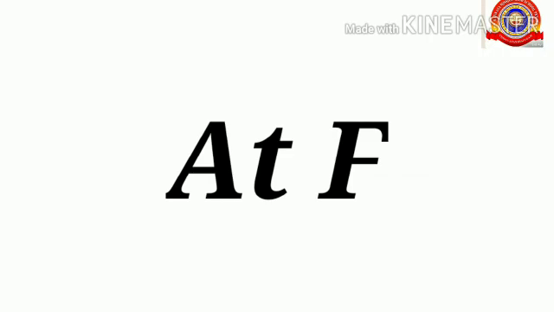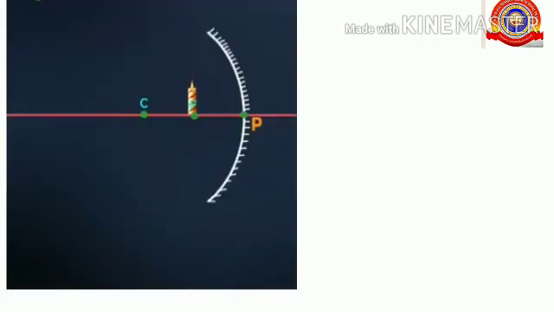Next one, the object is at F. When the object is placed at F, the image is formed at infinity. So let's see how we get the image at infinity. Here the object is placed at F and the first ray of light goes parallel to the principal axis.